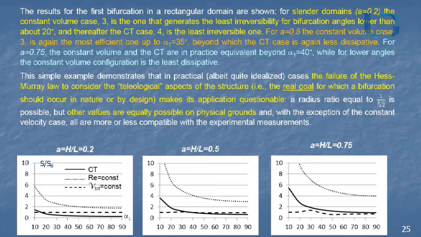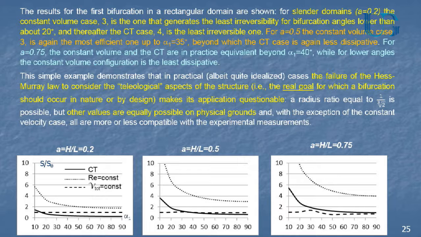These are the results. Remember that the alpha angle and the length L1 and L0 depend on the aspect ratio. So I plot the results for 3 aspect ratios, H over L, these are rectangular shapes: H over L equal 0.2, 0.5, 0.75. Now what happens? This is the normalized version of the entropy generation rate. And this is the angle alpha.